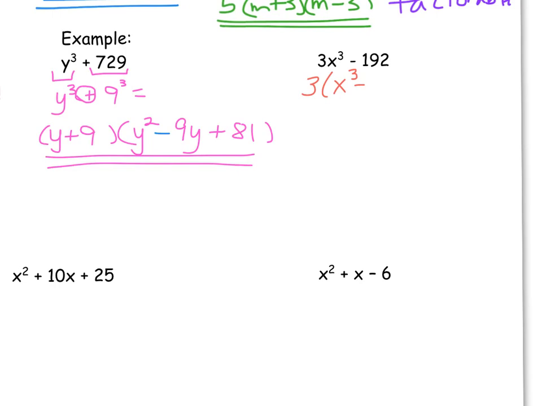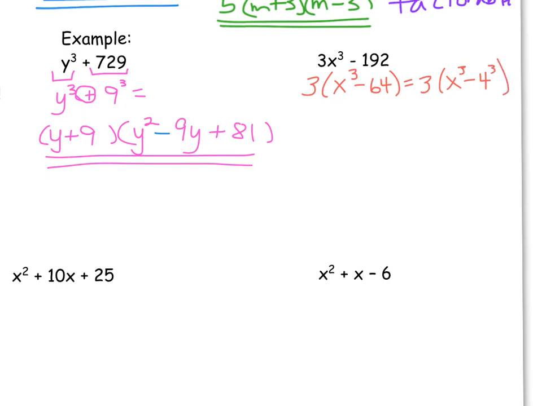And if we take 3 out of 192, 3 goes into 192 64 times. And I think we even had 64 on our review worksheet from last week. That's the same as 4 cubed. So this would become 3 on the outside, x cubed minus 4 cubed.